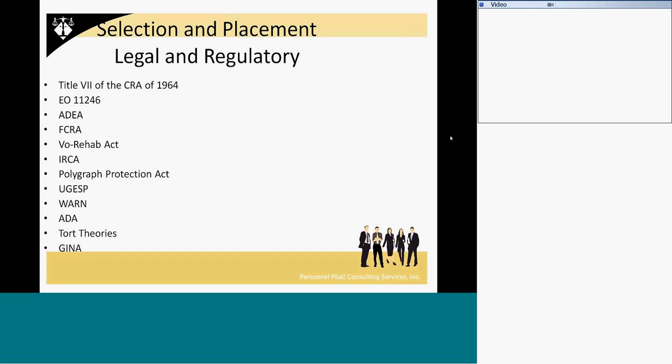What they do is they set up standards for the quality of the process that you use to select people for jobs or promotions or retention and so on. They establish standards for validity and for reliability of the process. Validity is the concept that you're actually measuring what you think you're measuring.